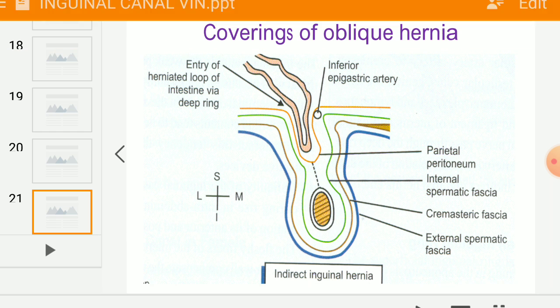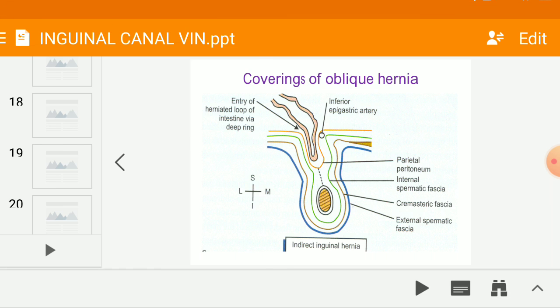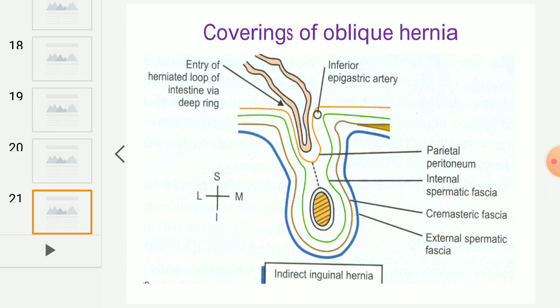To summarize the class, we started with the inguinal canal: what is the extent, what is the length of inguinal canal, then what are the boundaries. It has anterior wall, posterior wall, roof, and a floor, inlet and outlet. Length is about 4 centimeters. Then we studied about the contents of inguinal canal.